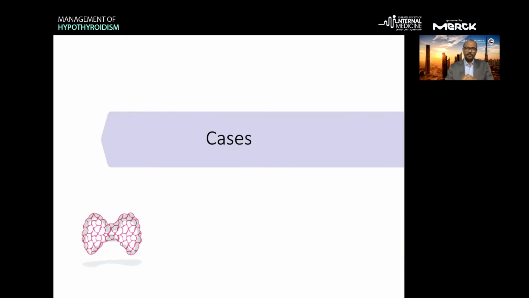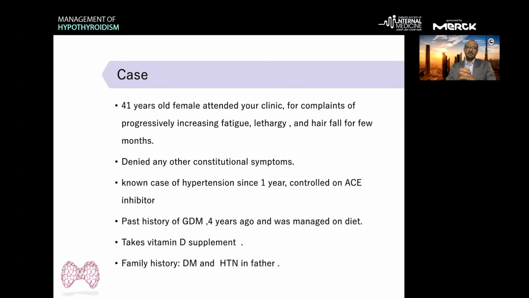So this is a 41-year-old female who attended the clinic complaining of progressively increasing fatigue, lethargy, and hair fall for a couple of months before she arrives at your clinic. She doesn't have any other constitutional symptoms, and she's hypertensive for 1 year, but very well controlled on ACE inhibitors.